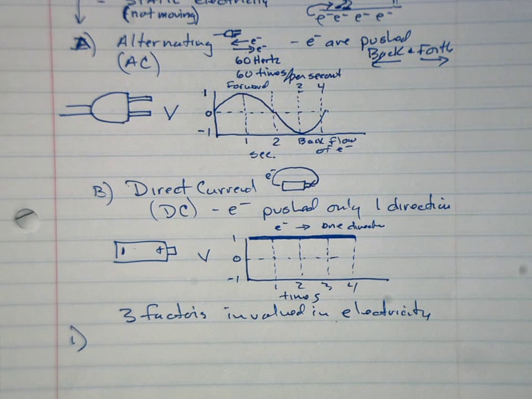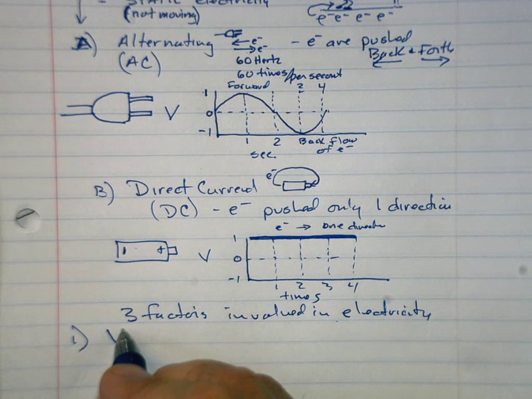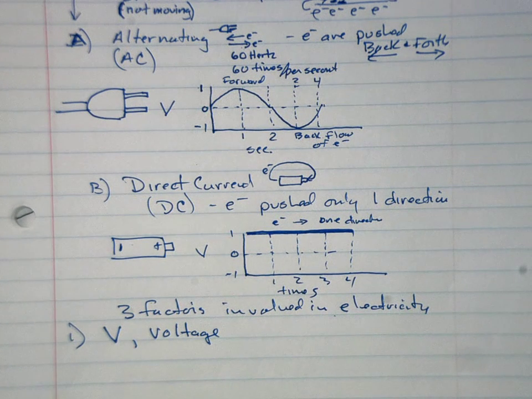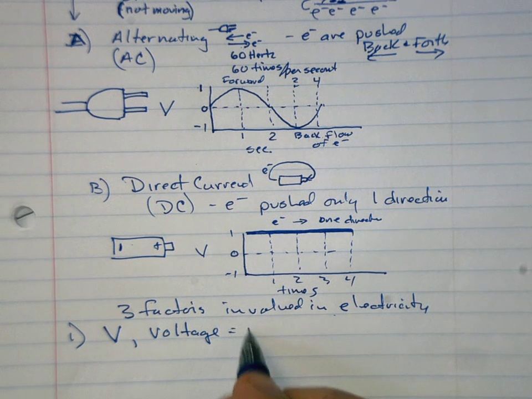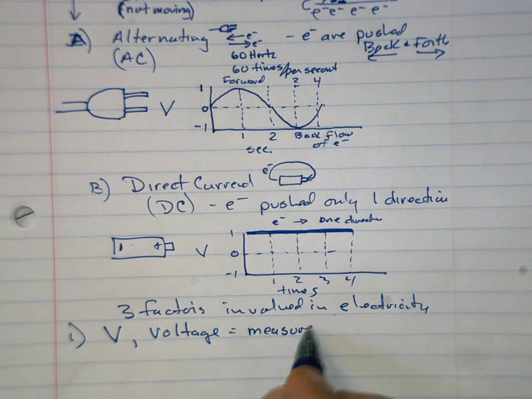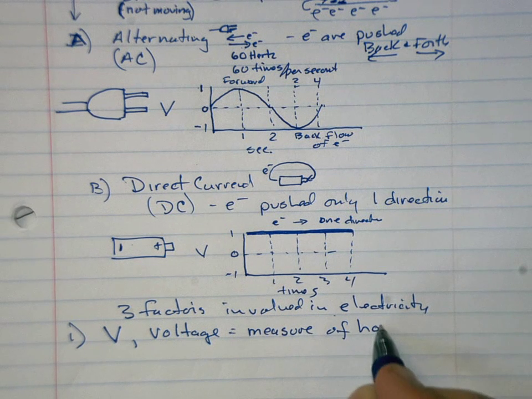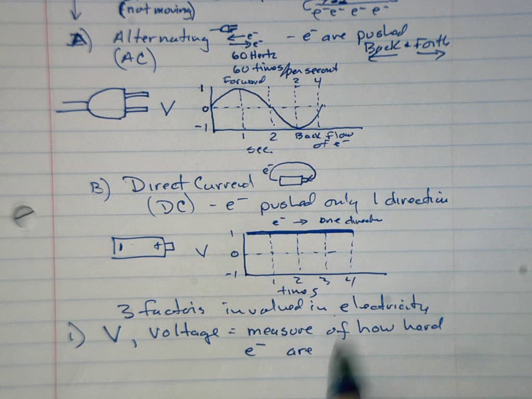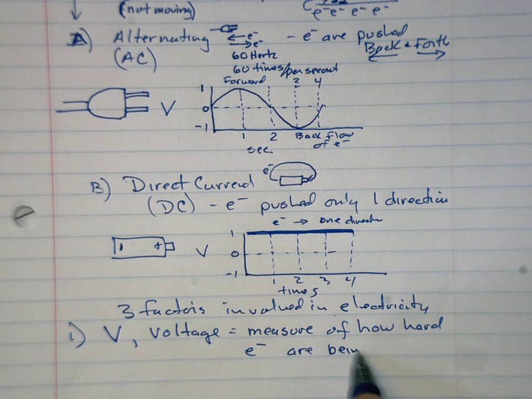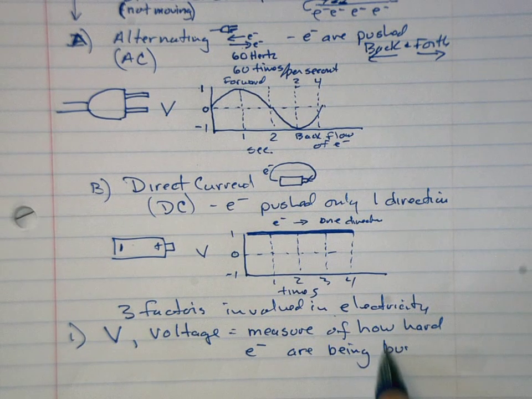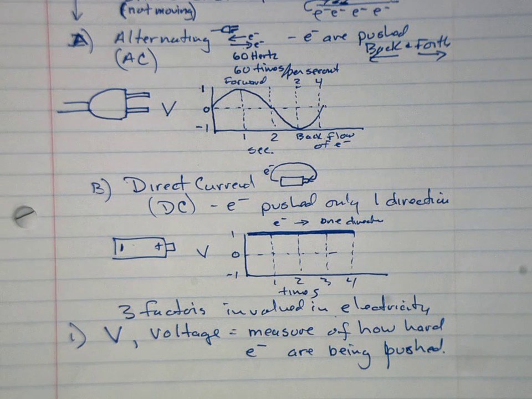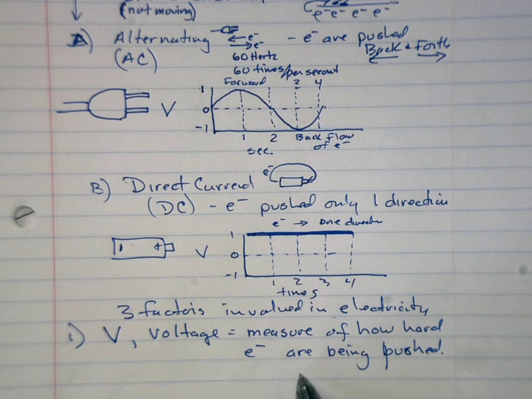Number one is voltage, V. And this is a measure of how hard electrons are being pushed. And typically it's measured in volts, or for us, millivolts.